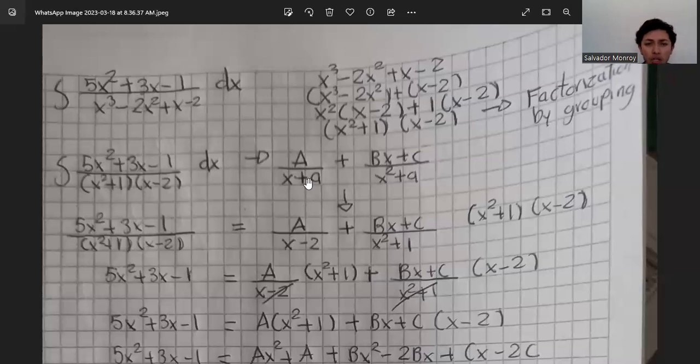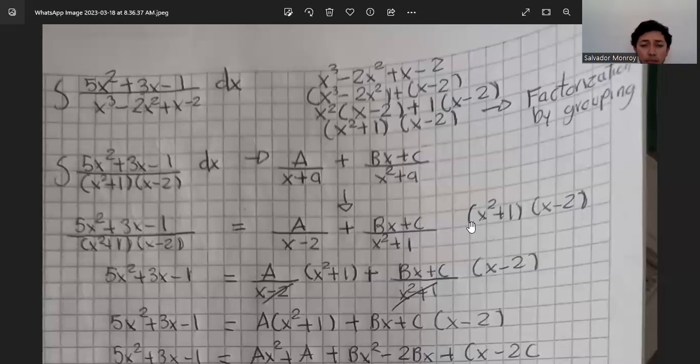We are going to call this number A. And for the quadratic binomial, we need to find two numbers, because the numerator must be a linear binomial.